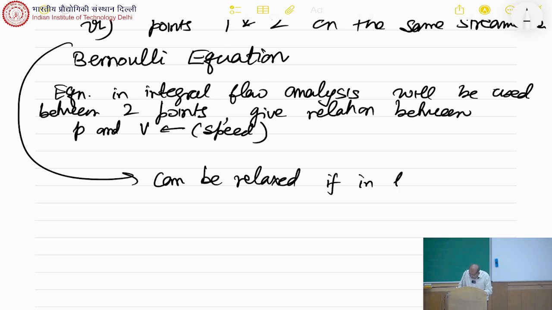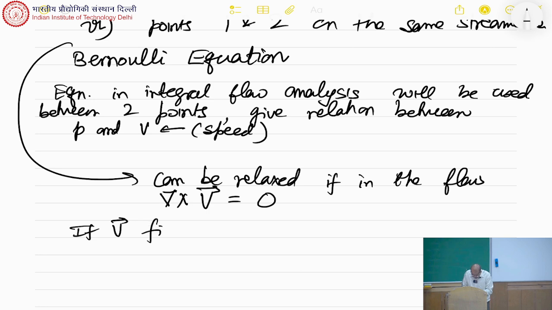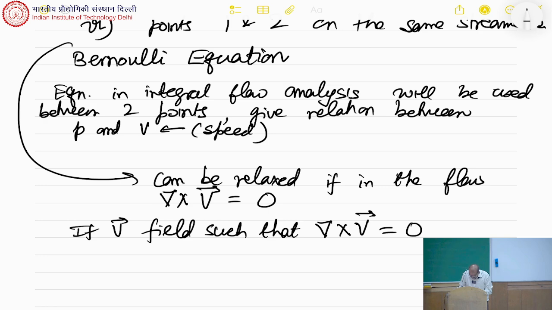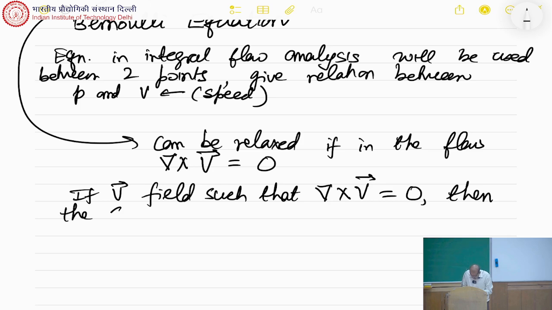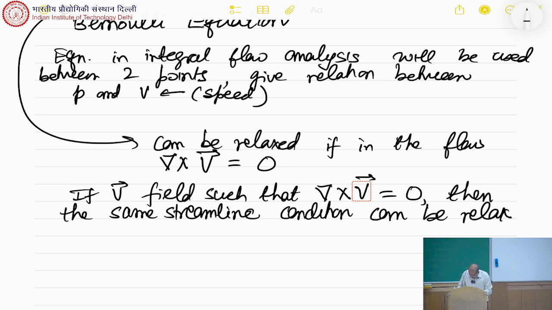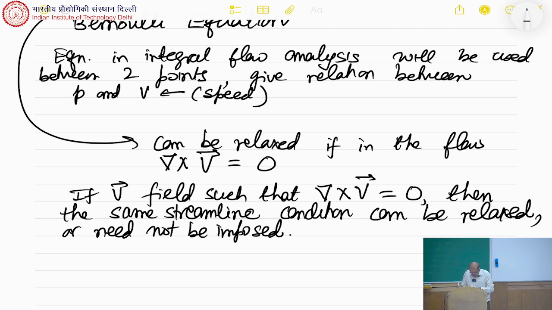if the velocity field is such that del cross V is 0, then the same streamline condition is not needed.